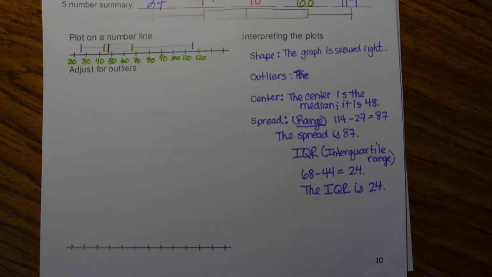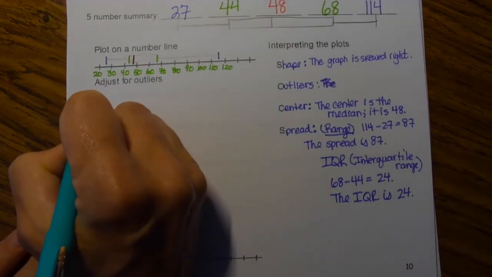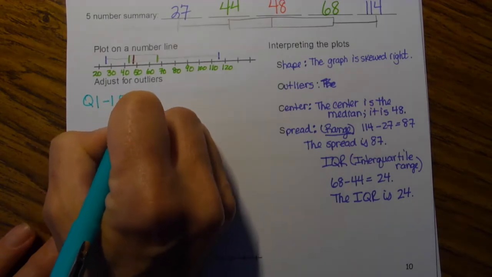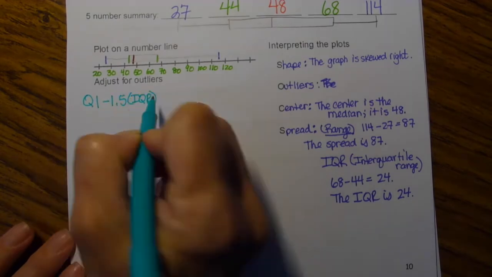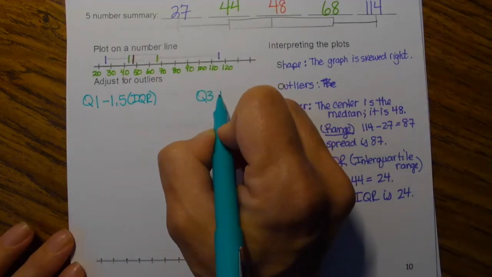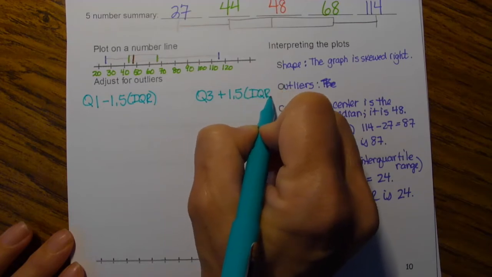So the mathematical formula to find an outlier is simply Q1 minus 1.5 times the IQR and Q3 plus 1.5 times the IQR.